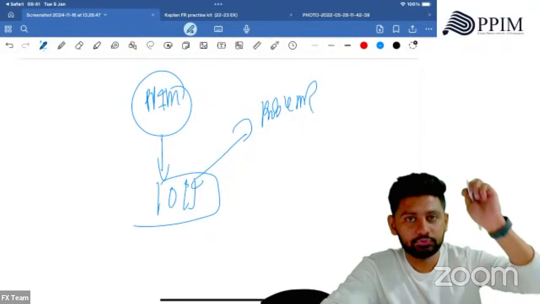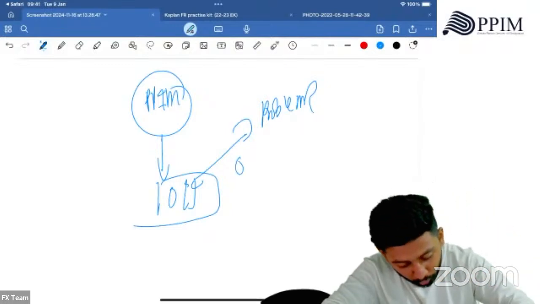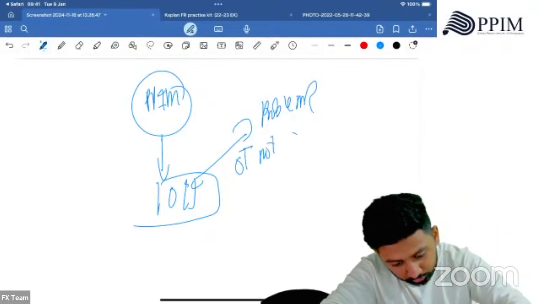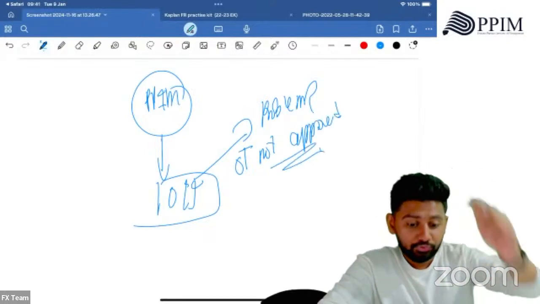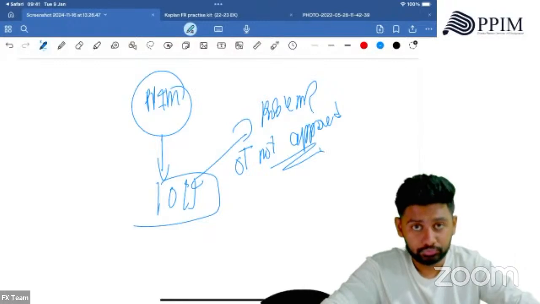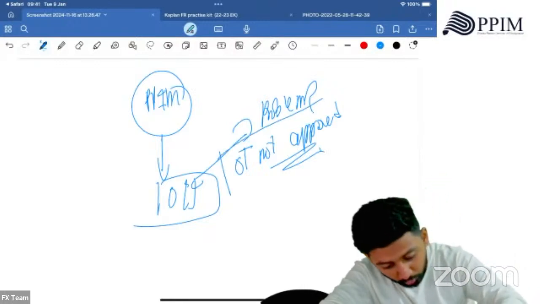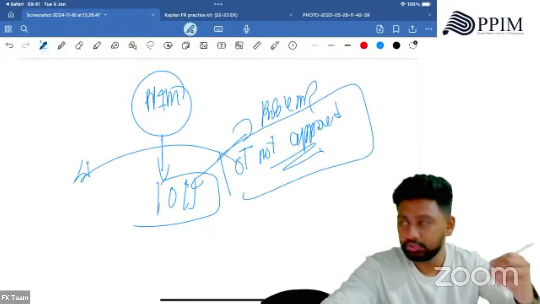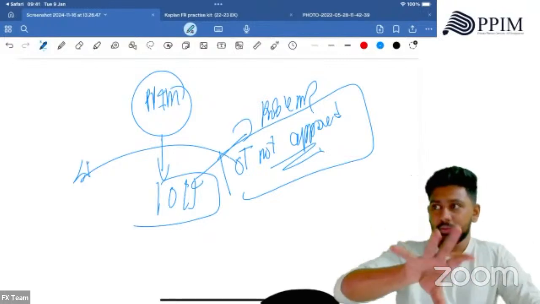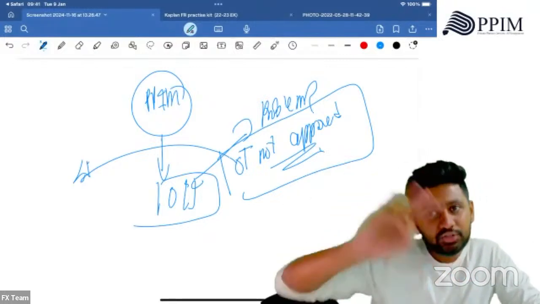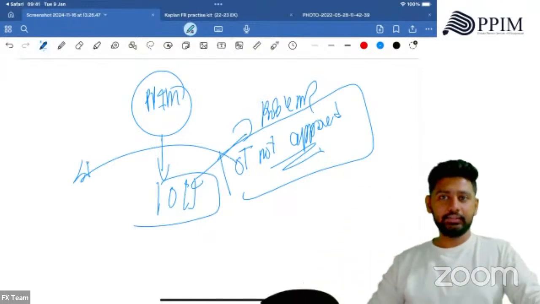That's a problem. If overtime is not approved, what will this result in? What is the result?